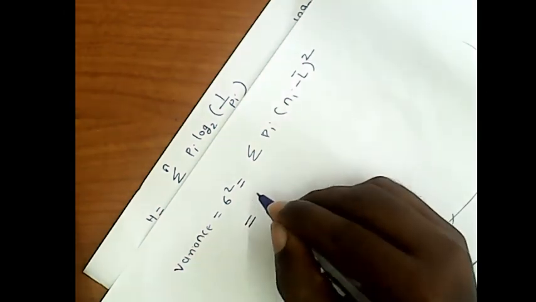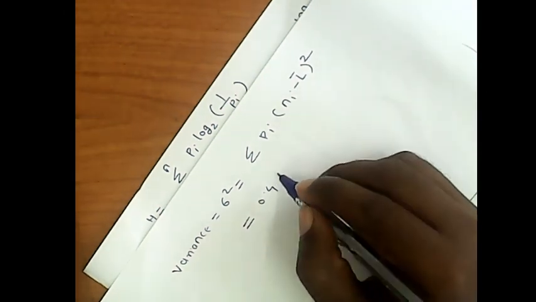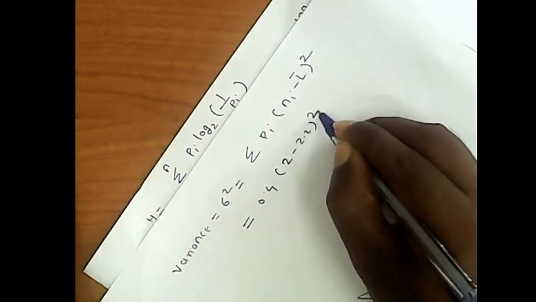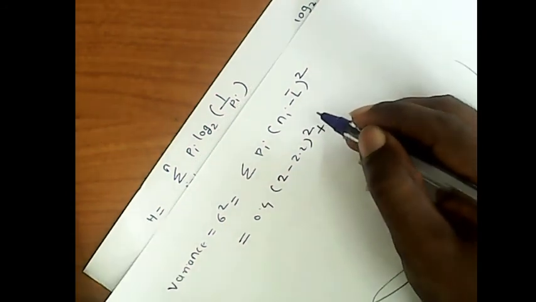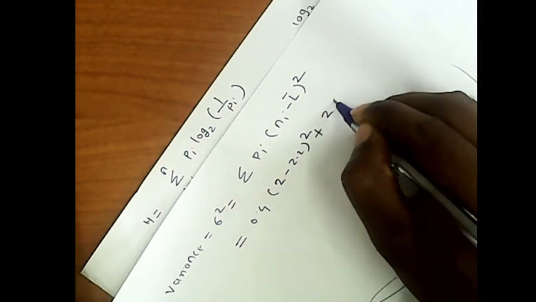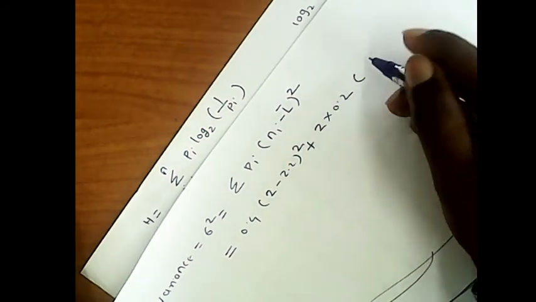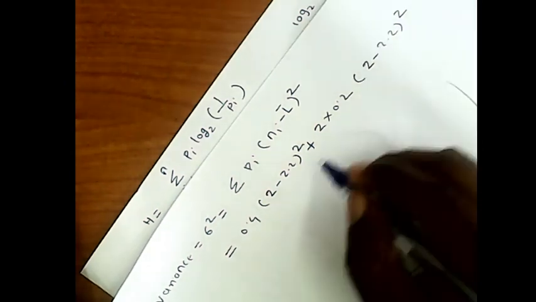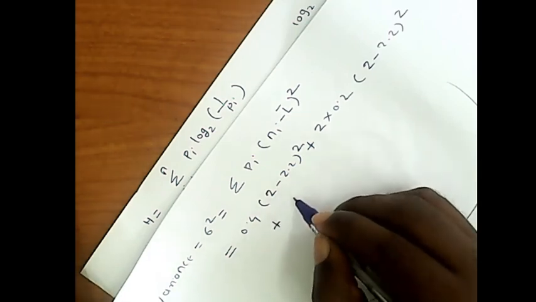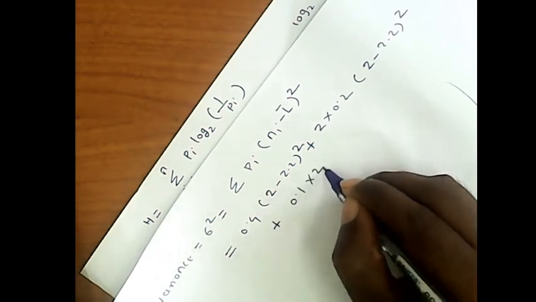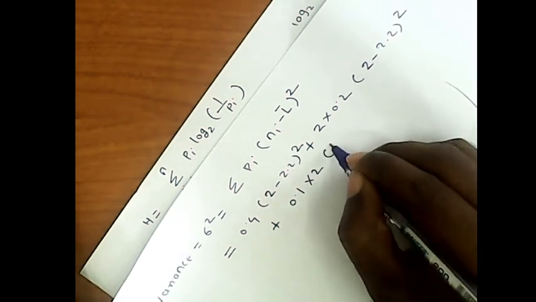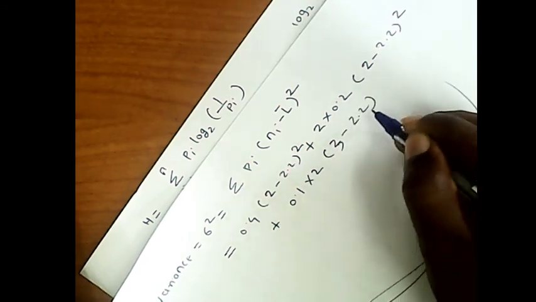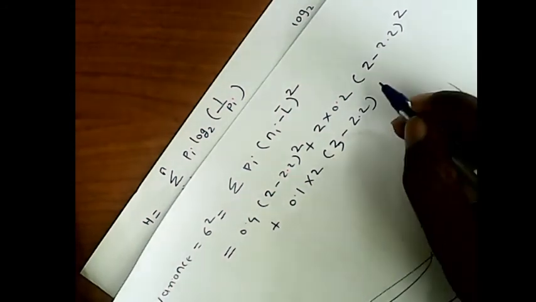So we write 0.4 into the first code word length 2 minus the average code word length 2.2 bits, plus the probability of two symbols with 0.2, so 2 into 0.2 times (2 minus 2.2), and the probability 0.1 for 2 symbols, so 0.2 into (3 minus 2.2) whole square.